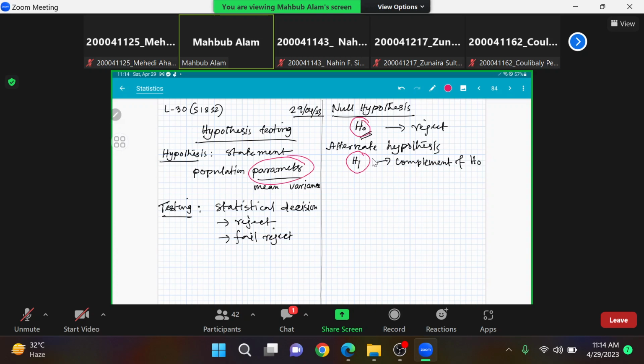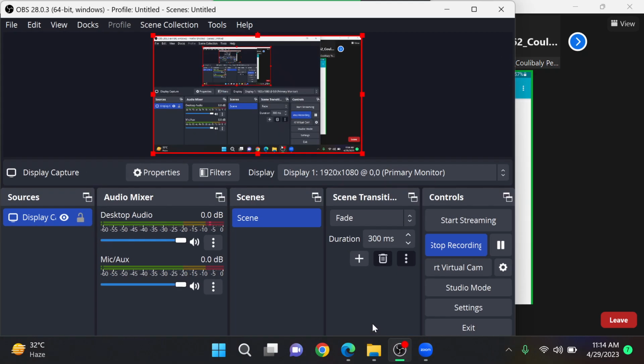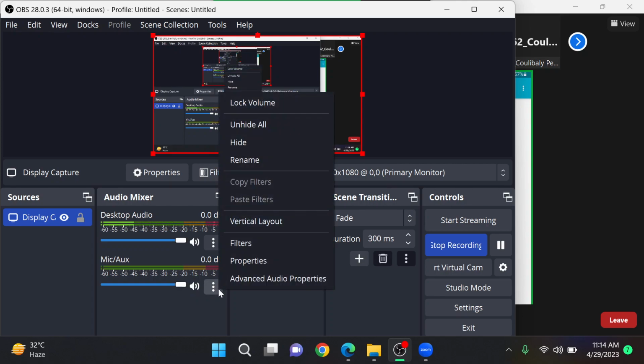Once we do these two tasks, we need to collect a sample, or random sample.